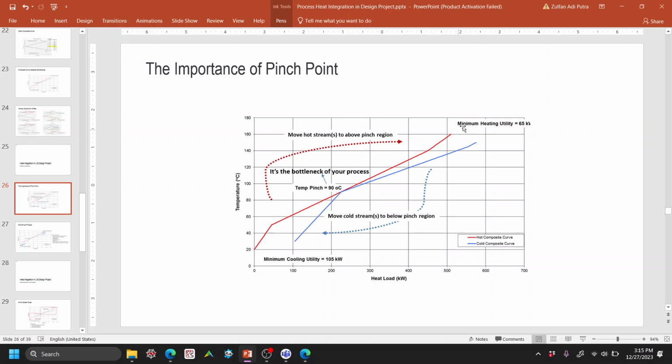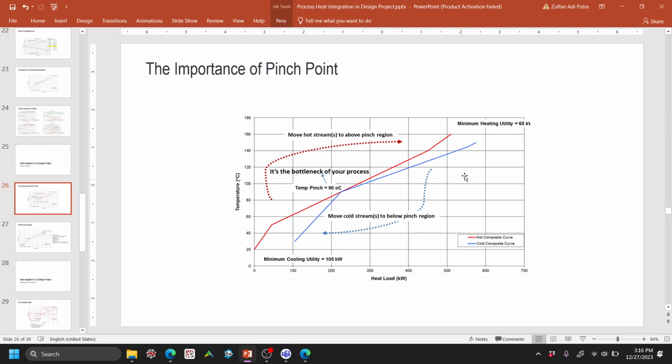That means if we can shift some of the process streams in such a way that you can move some portions of this up the pinch point, so that this guy can cover more of this blue region, right? So if we can move some of these streams over there, then you can reduce the heating utility and reduce the cooling utility, because you are moving some parts in this region, right?